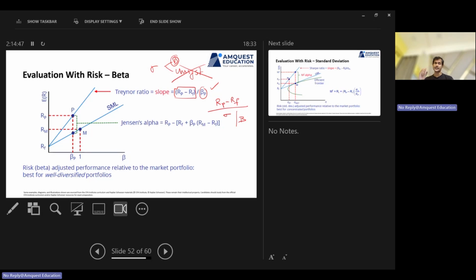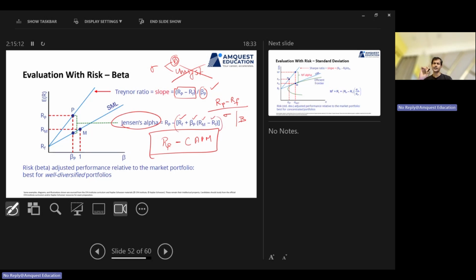Okay. Now let's go to Jensens alpha. Jensens alpha simply says, the return that the CAPM model should have given you, how much are you earning over and above that return? That is what Jensens alpha is doing. What is the CAPM model? RF plus beta into RM minus RF.